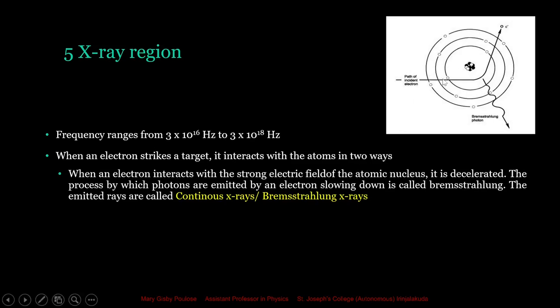When this electron comes near the nucleus, it is decelerated due to the nucleus. The slowing down causes energy to be radiated from this electron. And this is called Bremsstrahlung. These radiations that are emitted are called continuous X-rays or Bremsstrahlung X-rays.